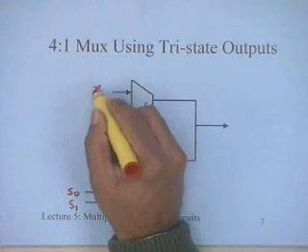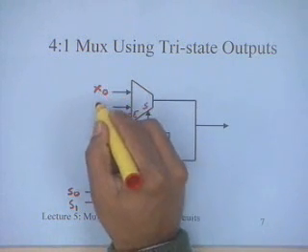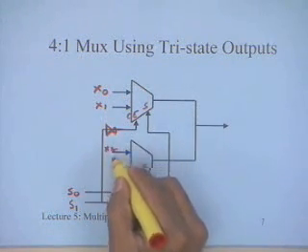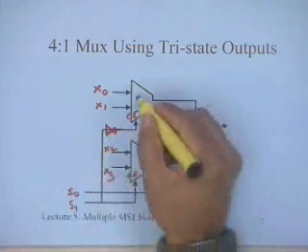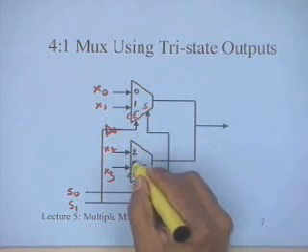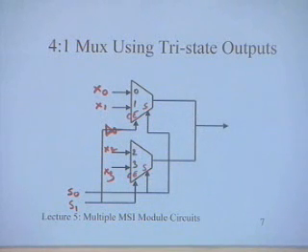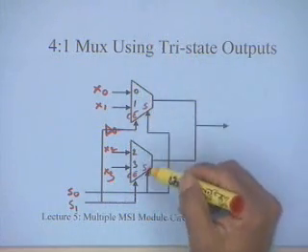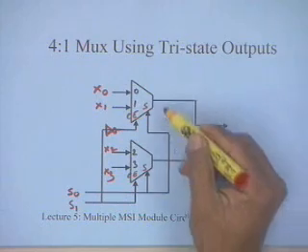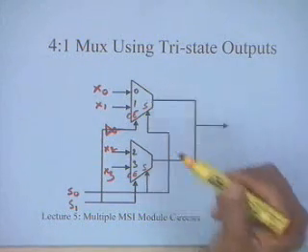So now I have X0, X1, X2, X3, my inputs 0, 1, 2 and 3. Now you can see what's happening. If S1 happens to be 0, then this particular multiplexer output is in the high impedance state, and this output is going to be defined by this.